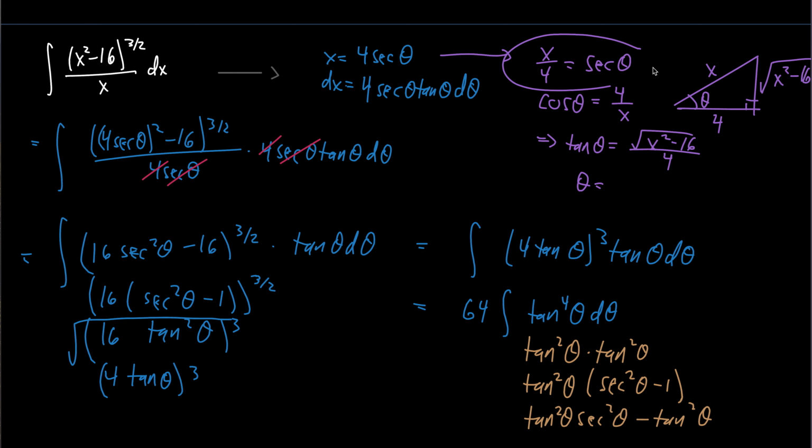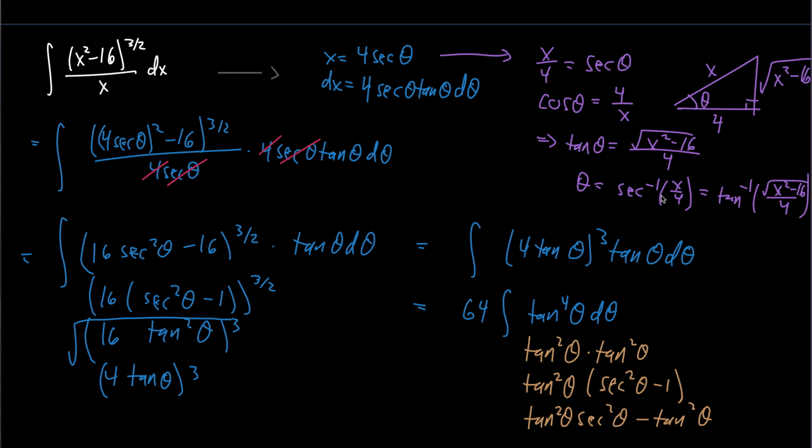Maybe you'd use secant inverse, right? So we could do secant inverse of x over 4. That would work well. You could also use this tangent relationship and just do a tan inverse. So we could do tan inverse of that over 4. You can decide how you want to do this. It really is a matter of preference, but they all correspond to the same theta, right? The same angle.